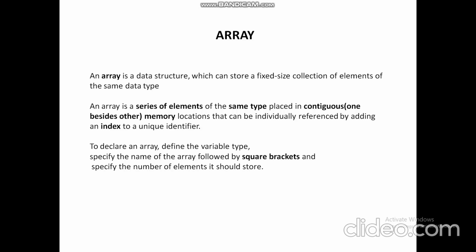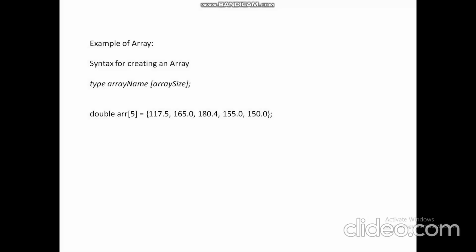To declare an array, we declare the type of the array first, then the name of the array followed by square brackets, and in that we specify the number of elements we want to store. So let's see an example of an array. First, see the syntax, how the array is stored, and below you can see how a double type of array is declared.